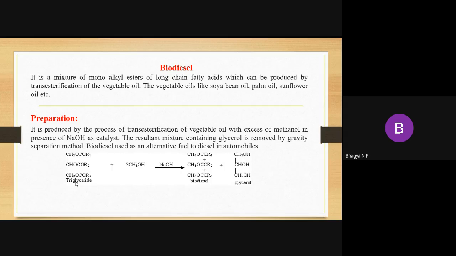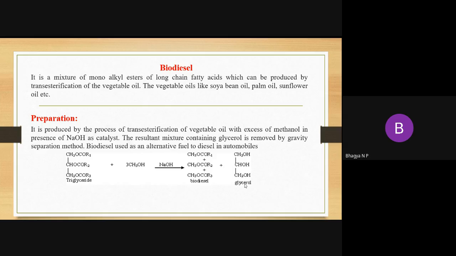So now you can look at this equation, triglycerides. These triglycerides are present in the vegetable oils. When these triglycerides react with the alcohol in the presence of sodium hydroxide as a catalyst, a transesterification reaction takes place and it produces the biodiesel.